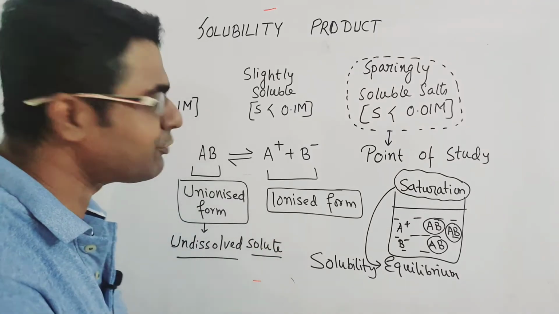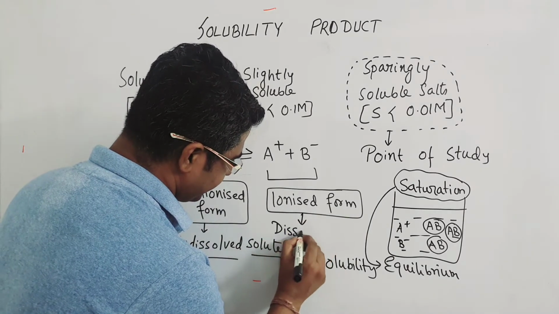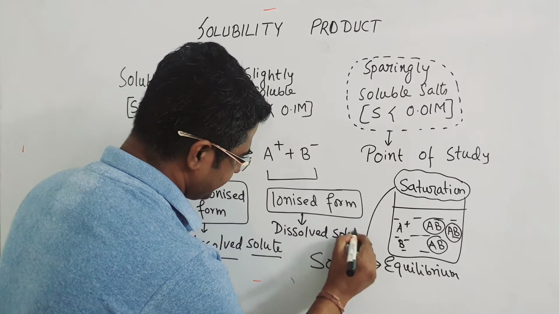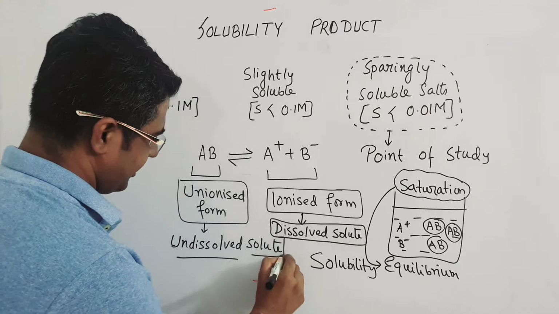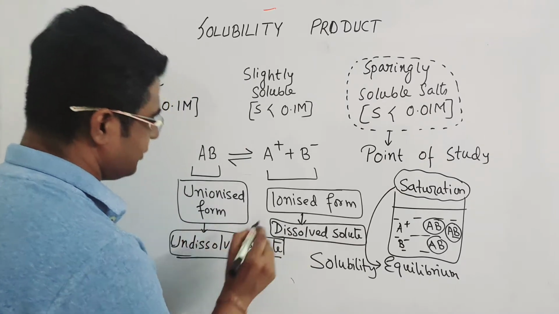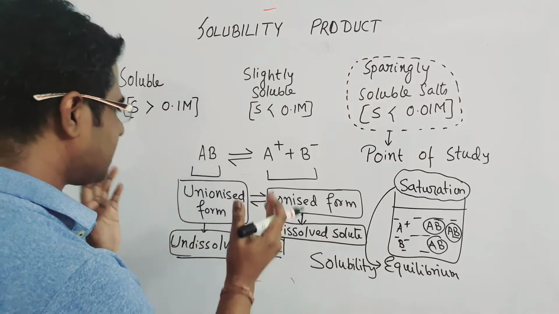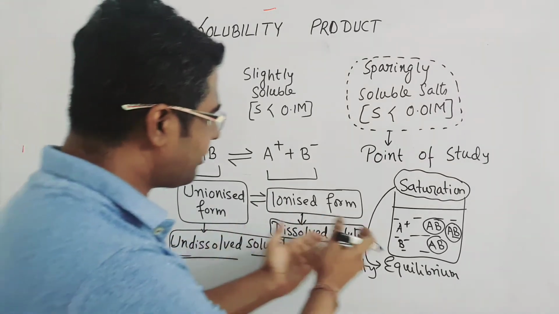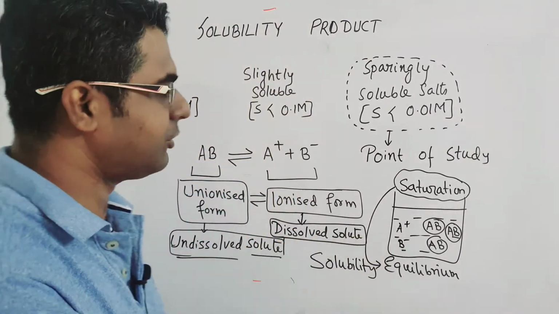And this ionized form is dissolved solute. है ना? These two are in equilibrium. So this we will call solubility equilibrium.